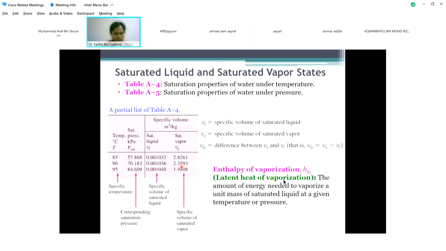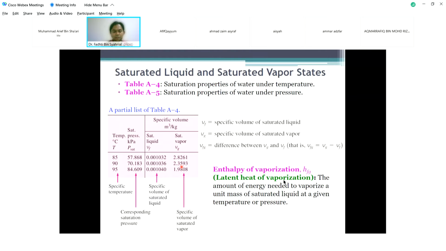Dan g is referring a symbol of gas ataupun saturated vapor state. Sama juga entropi. Entropi pun sama, they have sf dan juga sg. Cuma untuk internal energy, enthalpy and entropy, they have ufg, hfg dan juga sfg.